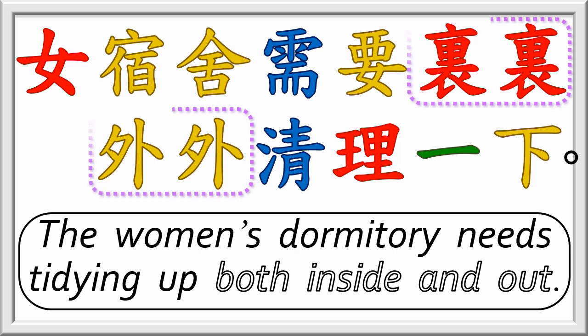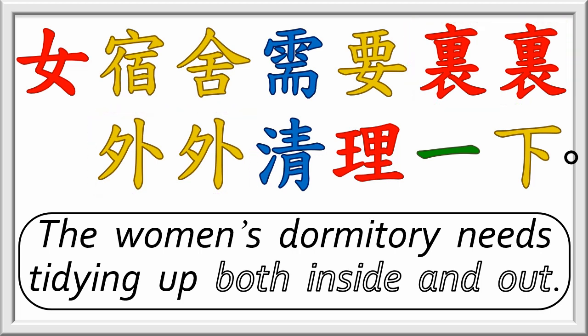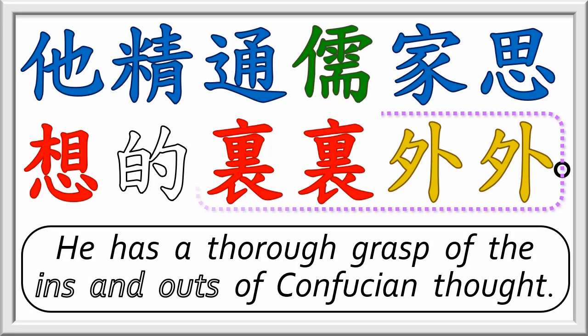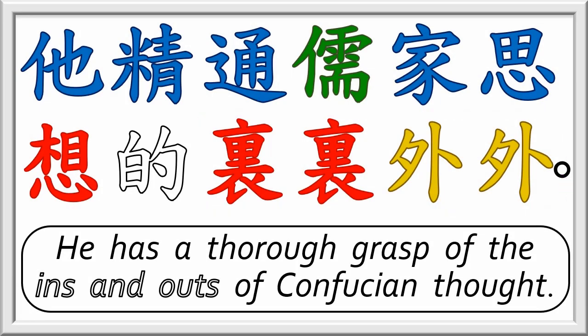And finally, doubling the characters li and wai to mean inside and out. 女宿舍需要里里外外清理一下. The women's dormitory needs tidying up both inside and out. 他精通儒家思想的里里外外.